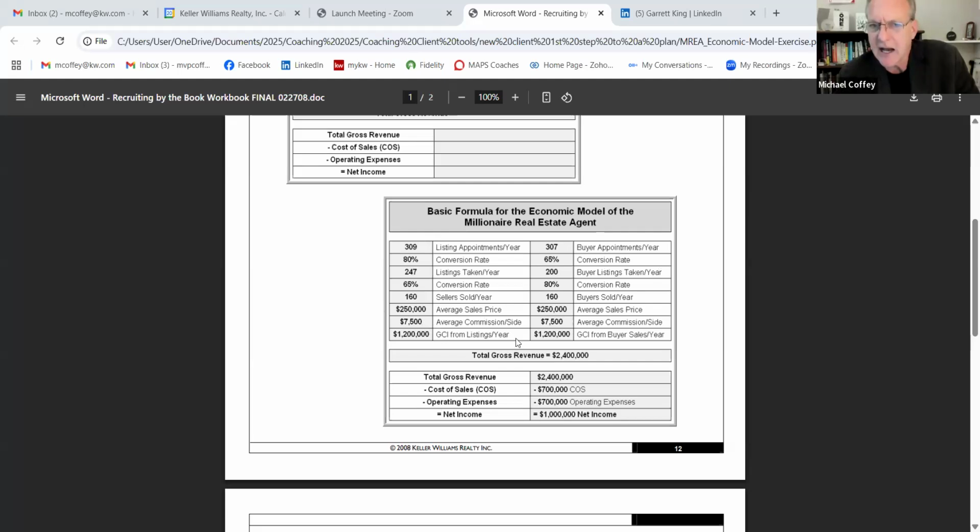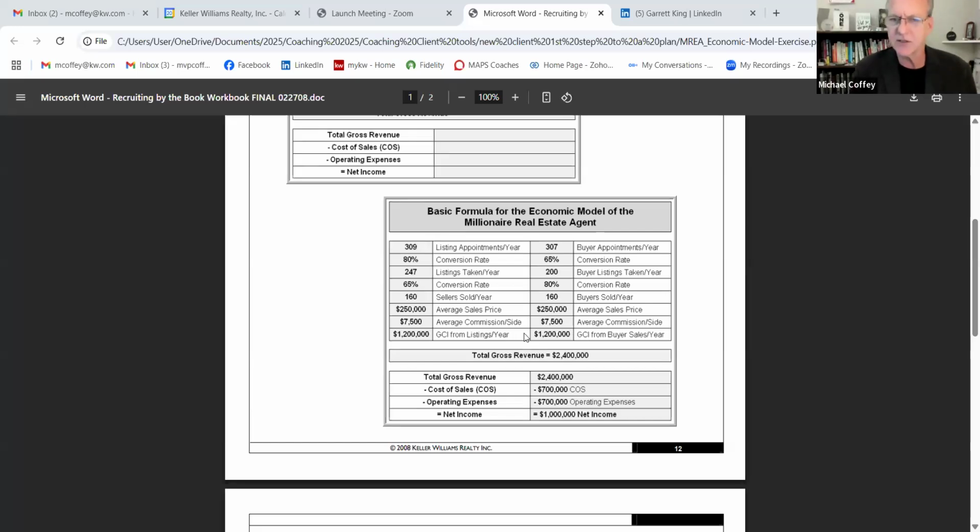So these are all outcome based, right? We're going to figure out that we need 160 sellers sold at an average price of $250,000 with an average commission per side of $7,500 in order to generate that GCI.